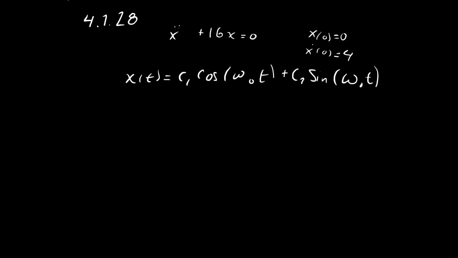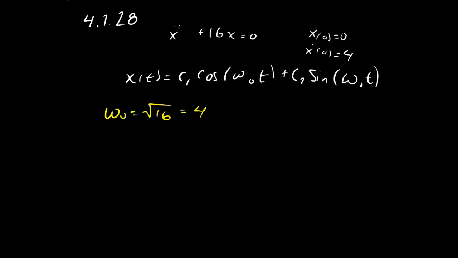Now, in these cases, recall that this term, the omega naught, that value, is the square root of what we called k over m, where m is 1, k is 16, so the square root of 16. So it's 4. To find the two arbitrary constants, we need to plug in our initial values.